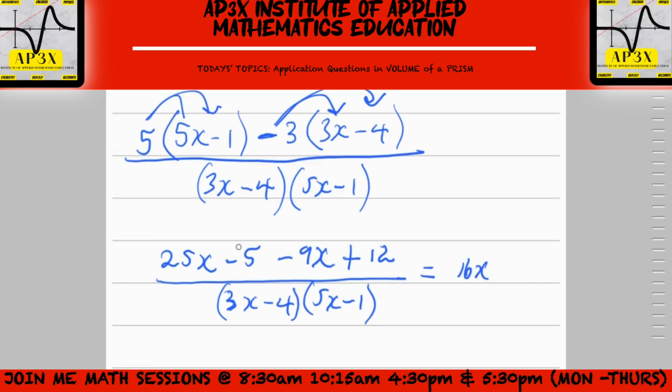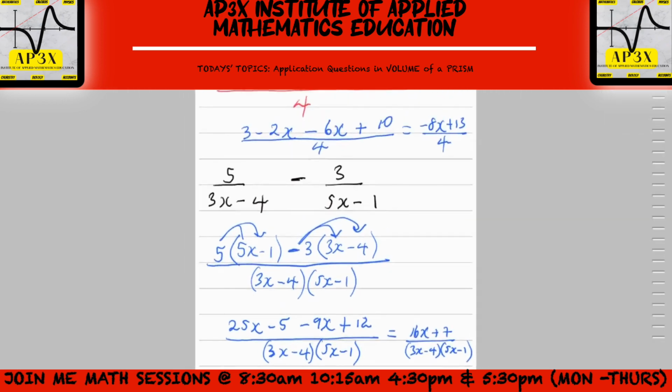And if you owe 5 and you end up having 12, paying what you owe will leave you with an amount of 7. And that's going to be all over 3x minus 4 by 5x minus 1. And that is going to be your simplified result.